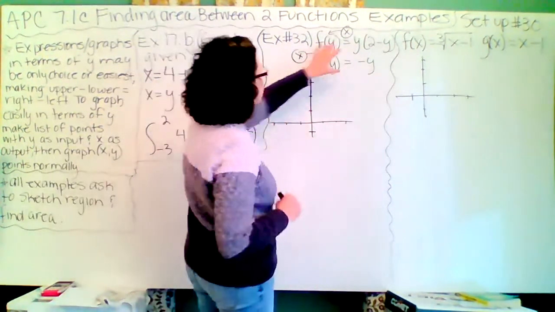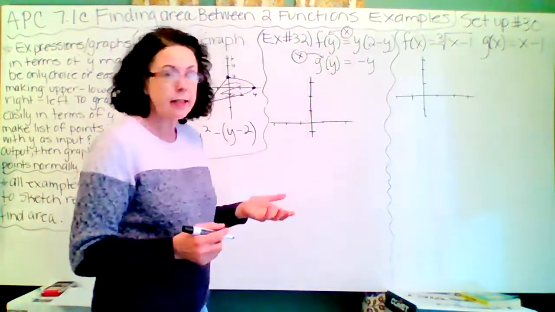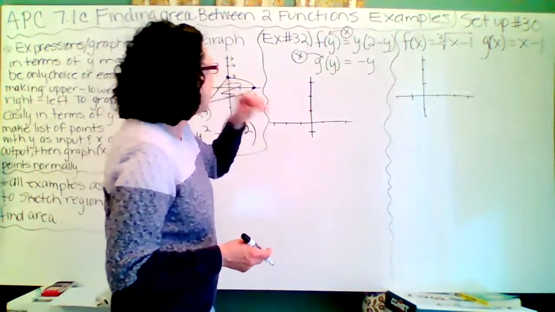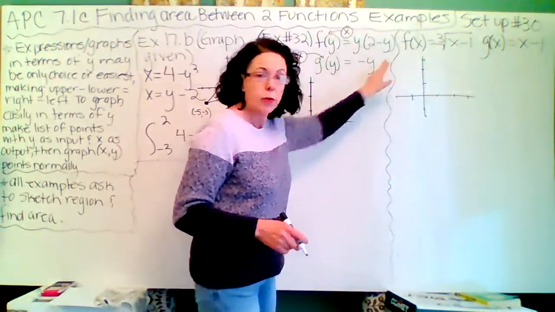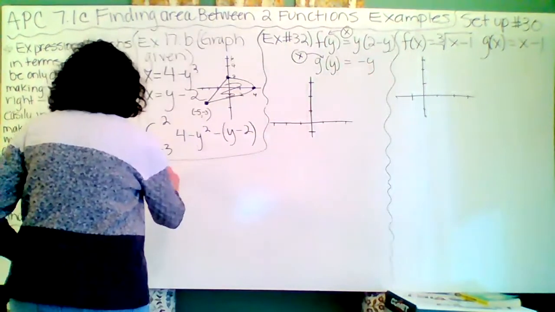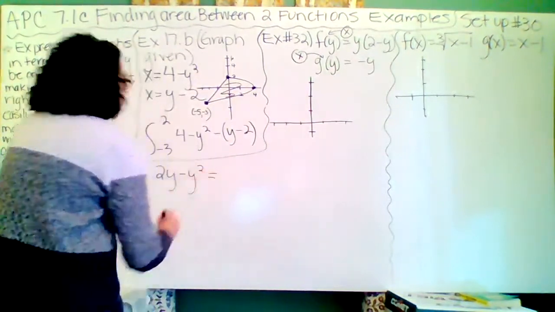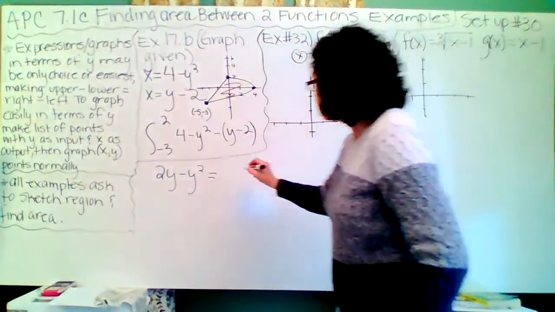So let's set these two expressions equal to each other and find the y's that I'm talking about, a lower y and an upper y. So I'm going to call this 2y minus y squared, and I want to know where this expression equals negative y.